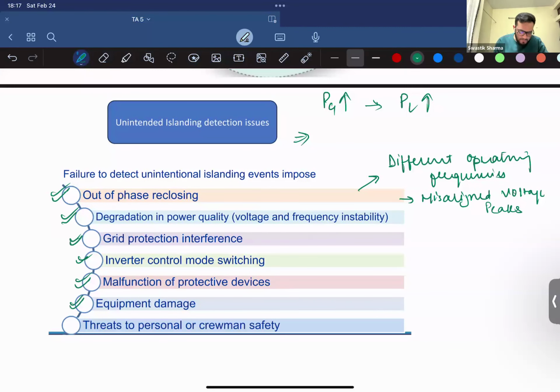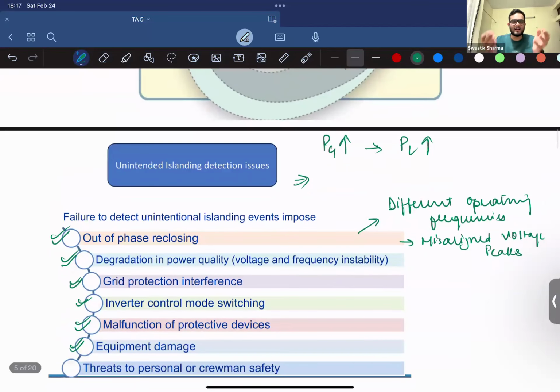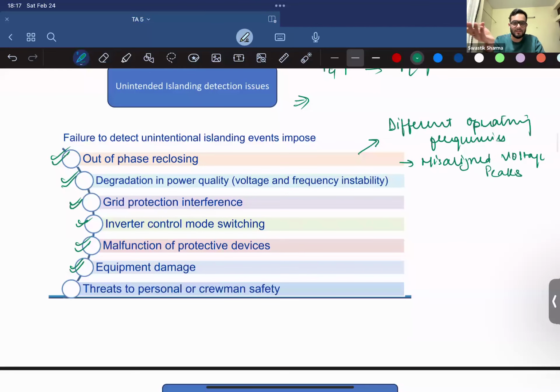And equipment damage. Since there are power quality issues, your equipment could be damaged. Some equipment is designed to operate under certain voltages and certain frequencies only. So if there are voltage issues, your equipment could be damaged. And let's say there is an unintentional islanding or an unintentional reconnection.